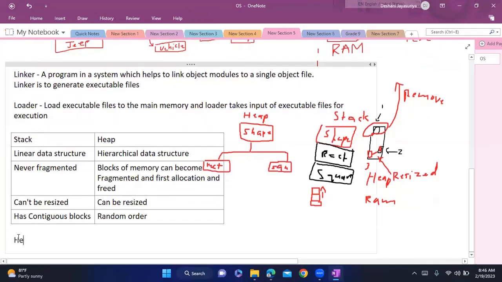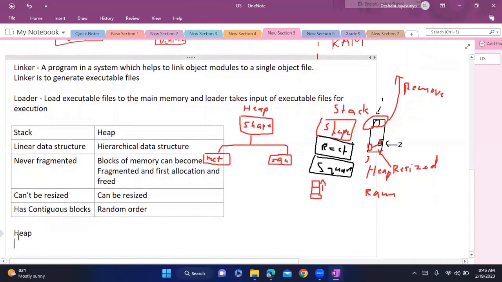Right. So heap stores data in a dynamic memory allocation.